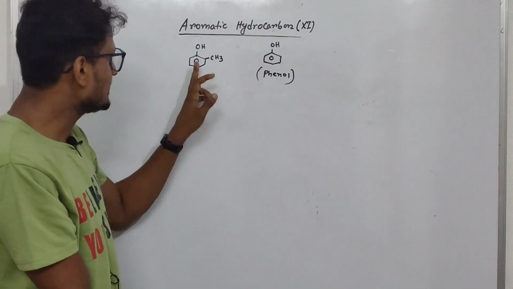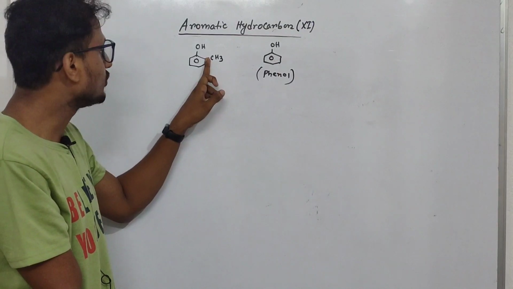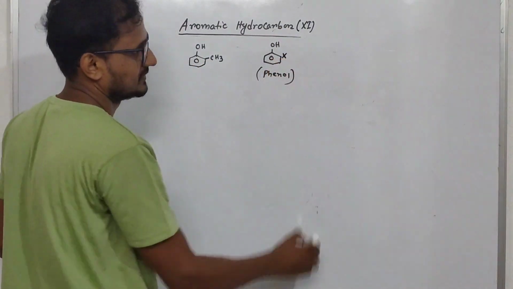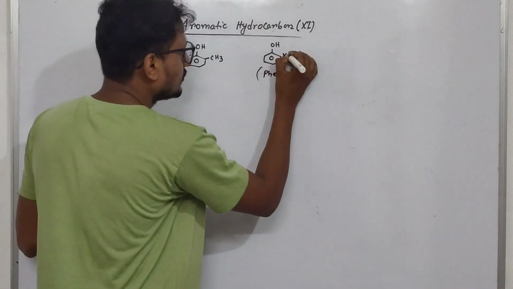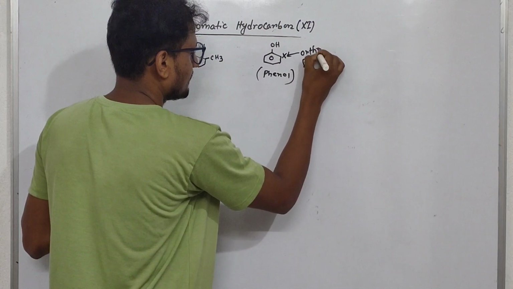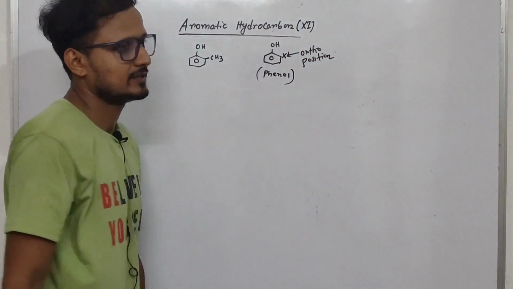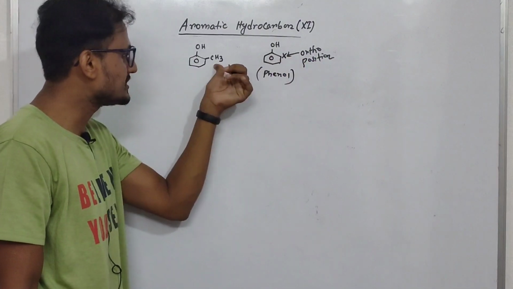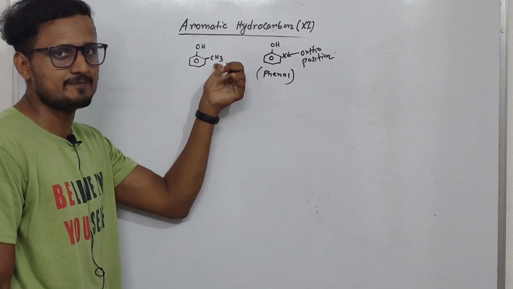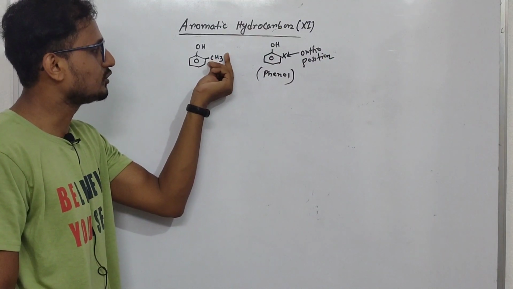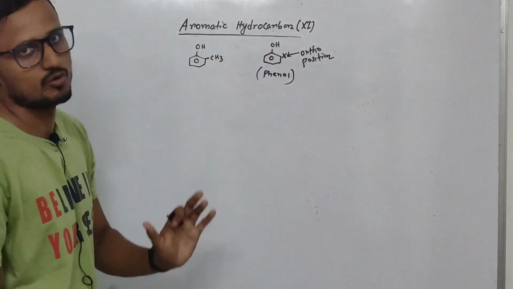It means this CH3 group is ortho to this OH, because this position will be the ortho position, because it is neighbor to OH. Okay. So if a CH3 group is there, then we can say it is ortho CH3 and ortho OH.